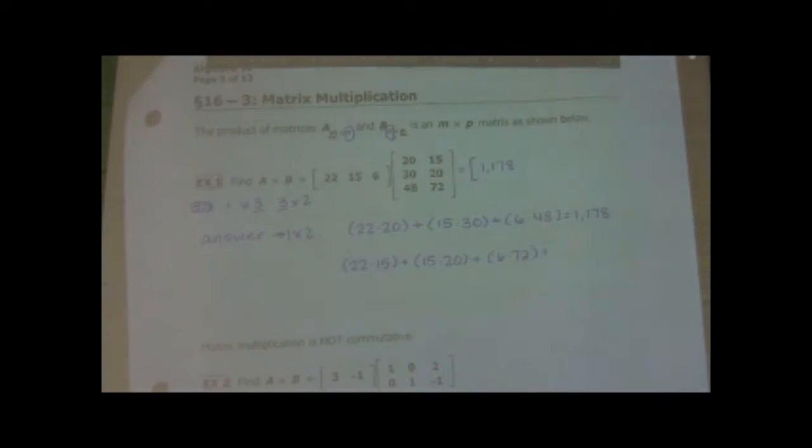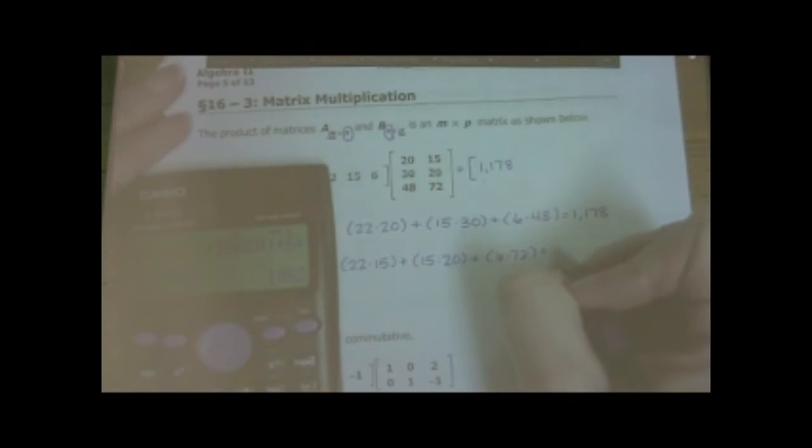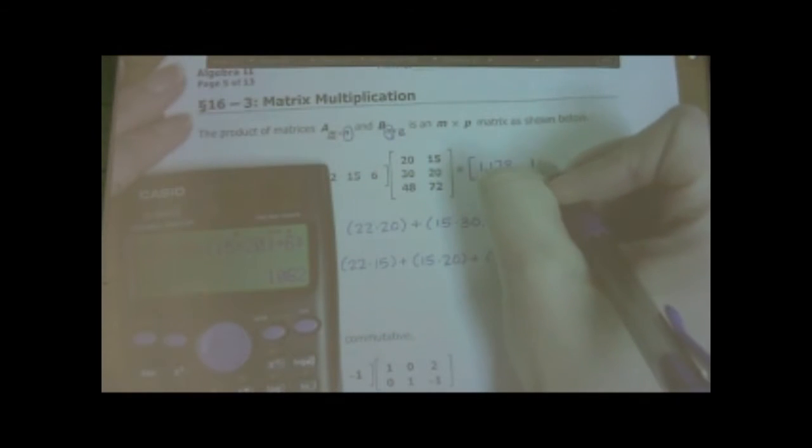And I've got to put that in my calculator. 1062. So 1062. That is my answer.